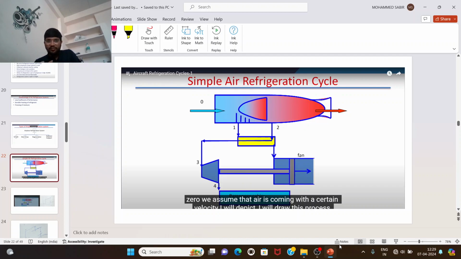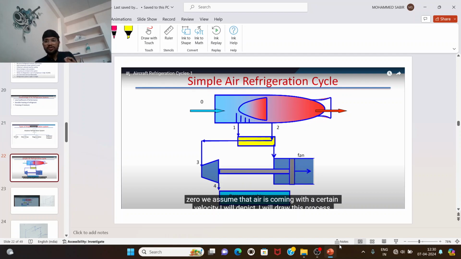Basically, in the first system, we have this air refrigeration system. For aircraft refrigeration, we modify the Bell Coleman cycle. The 0 to 1 process is for the ramming of the air. When air enters state one, it has a very high velocity.